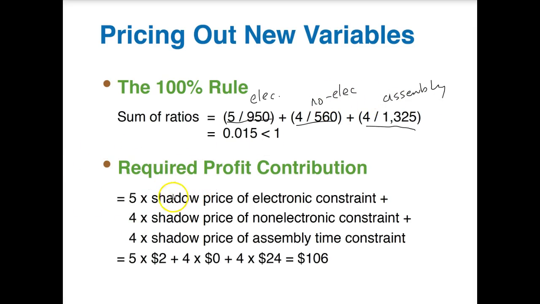And so we see that because of that, the required profit contribution is going to be 5 times whatever the shadow price is for the electronic component, 4 times the shadow price for the non-electronic component, and 4 times the shadow price for the assembly time constraint.